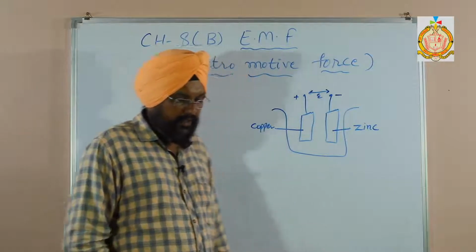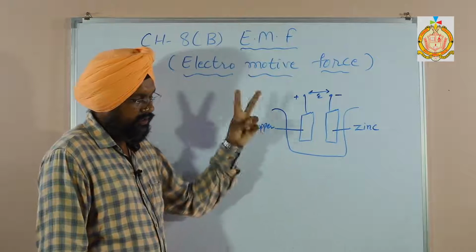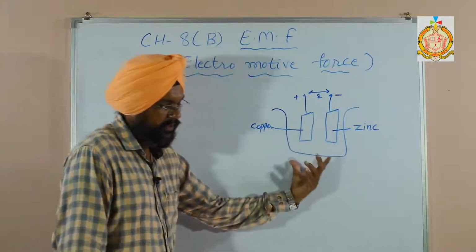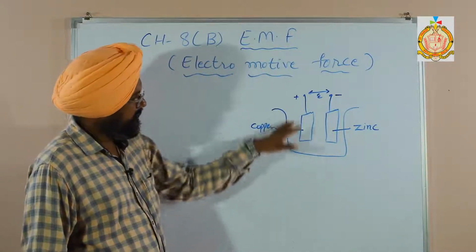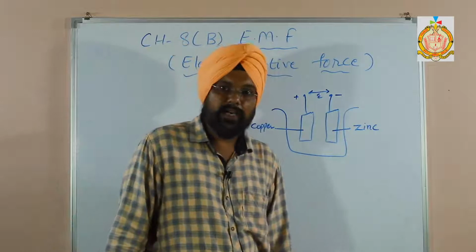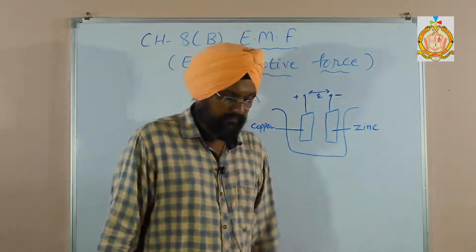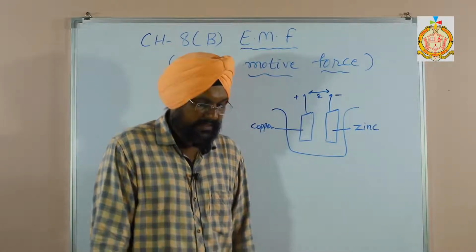We have read in the earlier class that an electric cell has two conductors with suitable material kept in an appropriate electrolyte taken in a vessel, and this vessel is called a voltmeter, we can say. The electric cell maintains a constant potential difference between the two conductors.